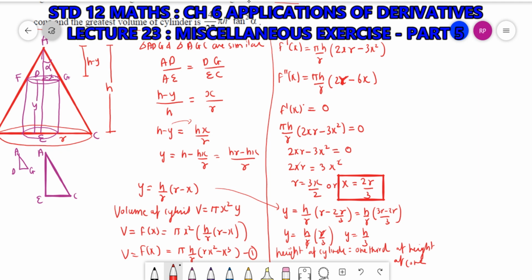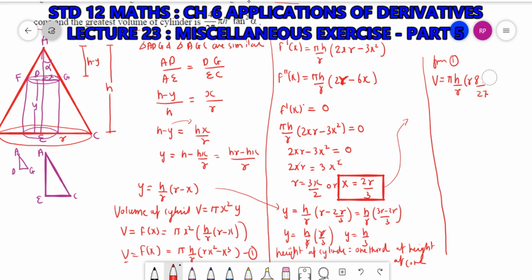Okay, now the second part: you have to prove that the greatest volume of cylinder is 4 by 27 pi h cube tan square alpha. So we'll use the formula for this. Volume from 1: V equal to pi h by r into r x square minus x cube.